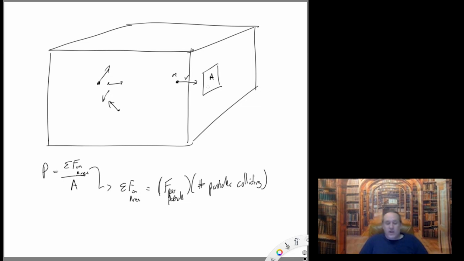So first of all, there's a few concerns. Some of the particles are not moving to the right, so they're not even going to hit that wall. So I want to exclude all the particles that are not moving to the right. Some of the particles are moving to the right, but they're going to hit down here, so they're going to miss my area.